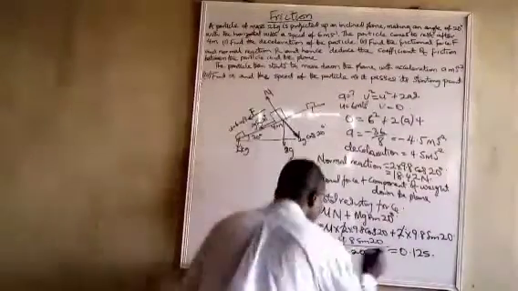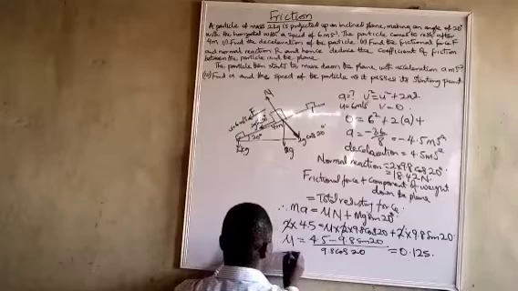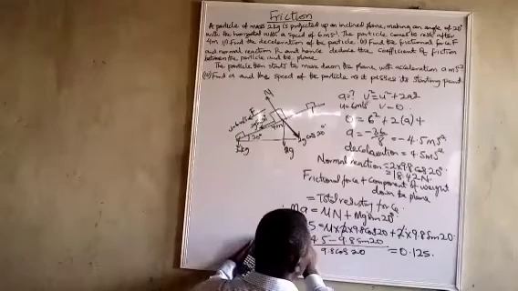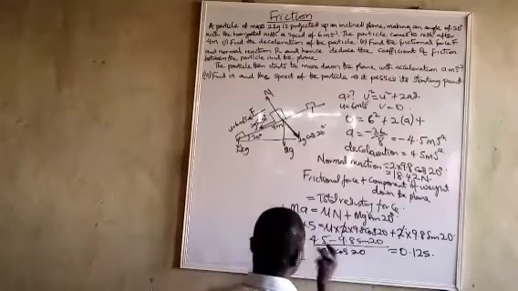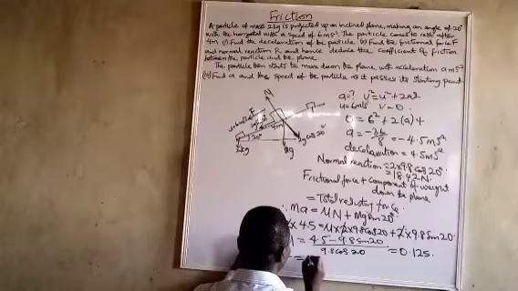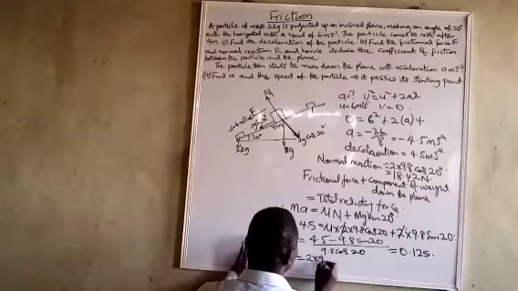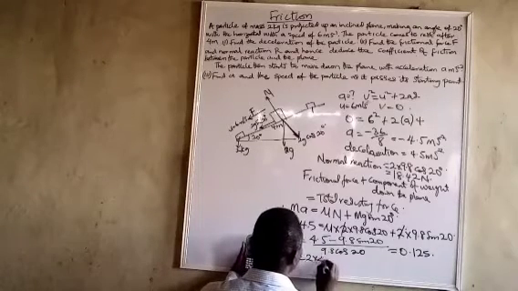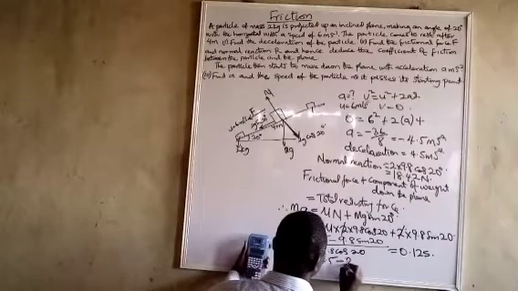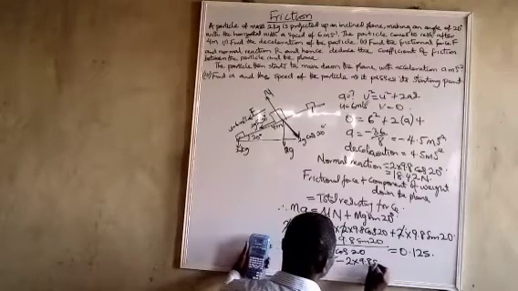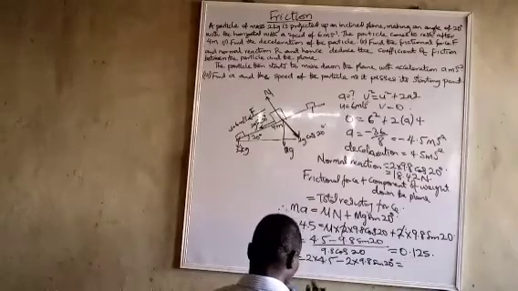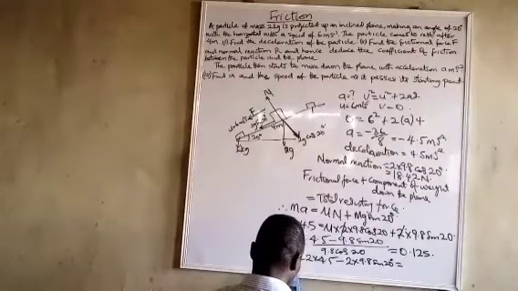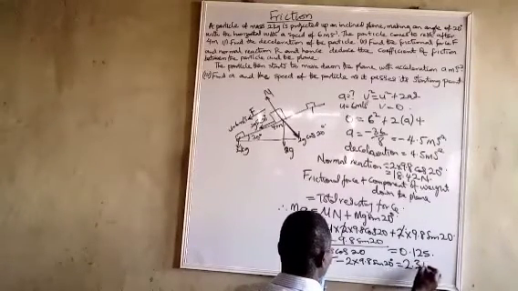And F, I can find F straight by either subtracting this from this one, that will be 2 times 4.5 minus 2 times 9.8 sin 20 degrees, or I multiply straight with this. So that will be 2.3 Newton.